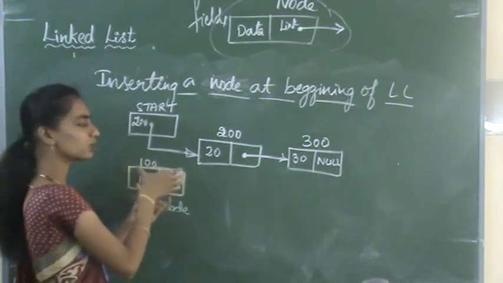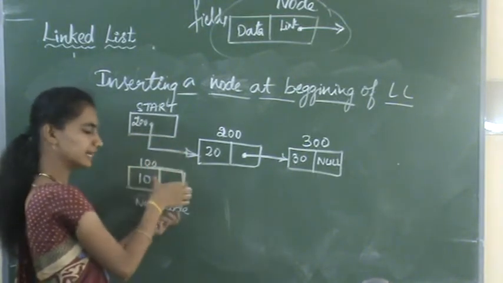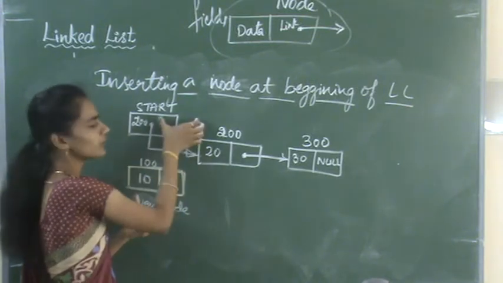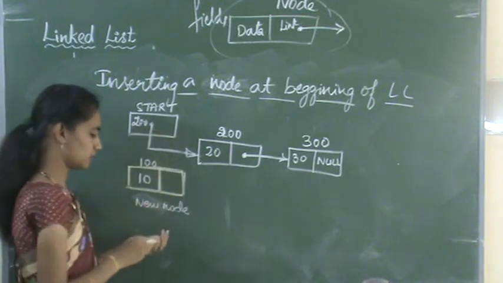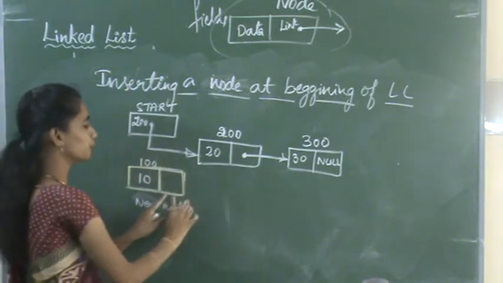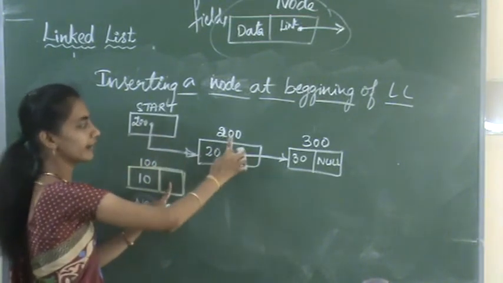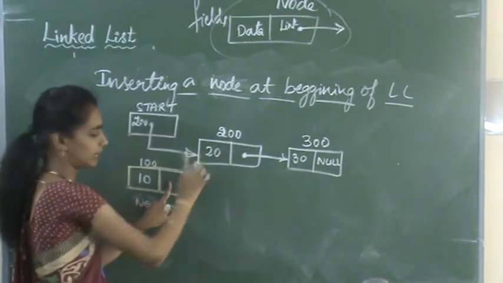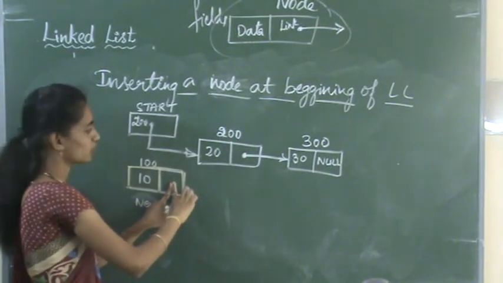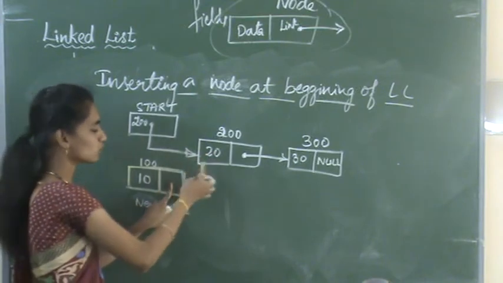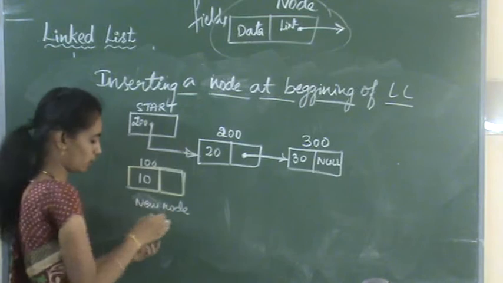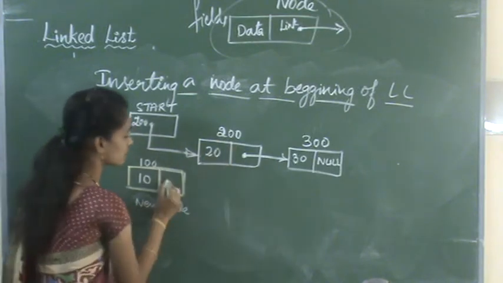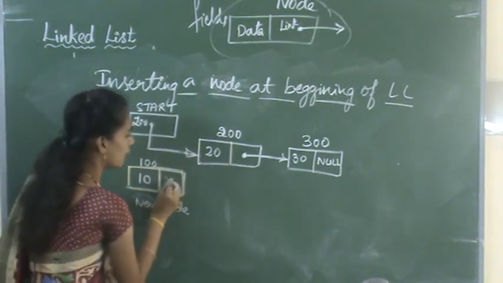I have to connect or link this new node to the existing node. How will I connect this? First, I need to store the address of the first element into the new node. So what is the first address? That is 200, right?